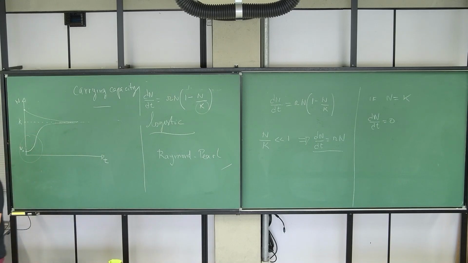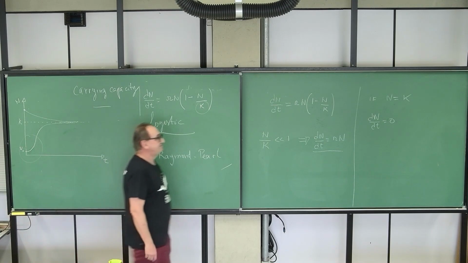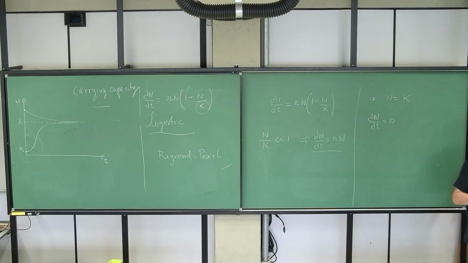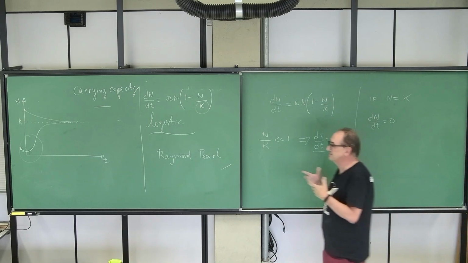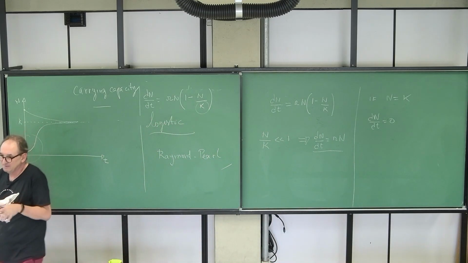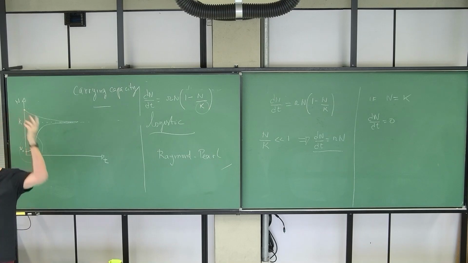Now, what's the importance of the logistic equation? It allows us to introduce the idea. First, it is a remedy. It is much better than Malthus, because in Malthus all populations go to infinity.